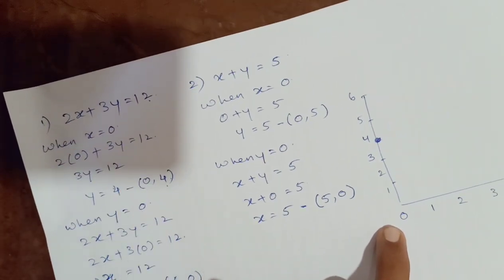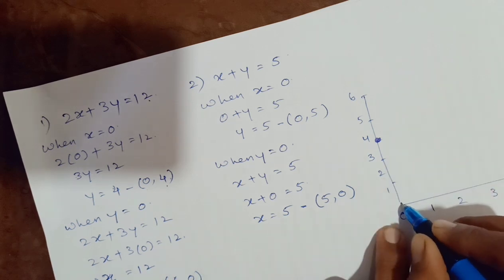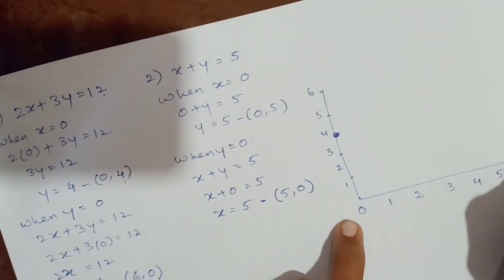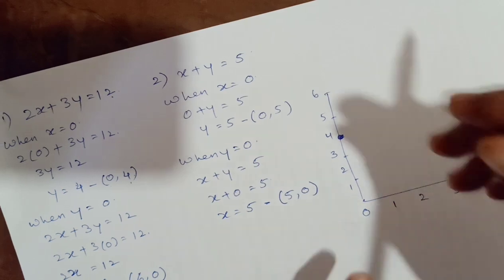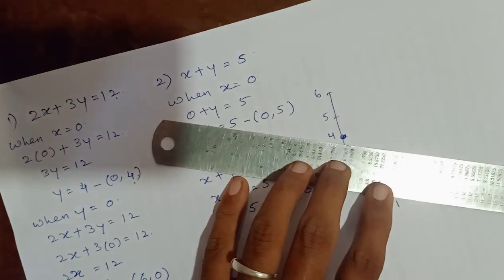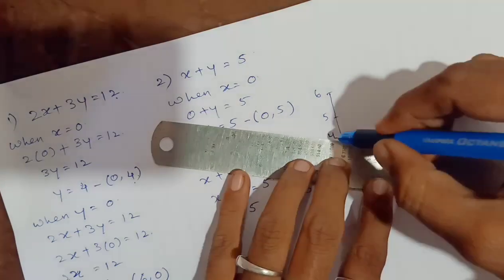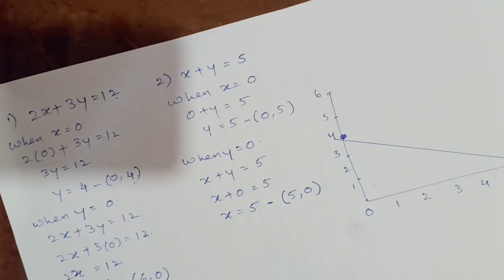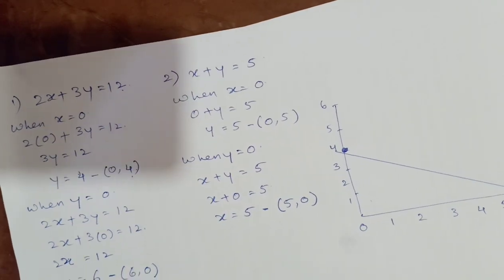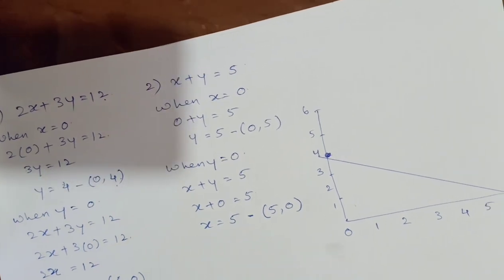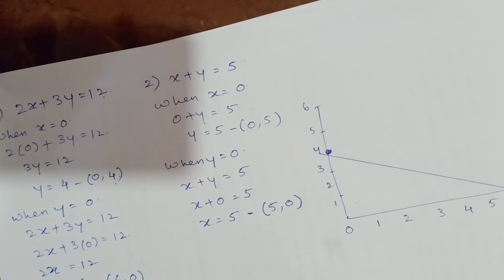When y is equal to 0, x is equal to 6, so here we get another point. If we draw the line, this is the first constraint, that is 2x plus 3y.